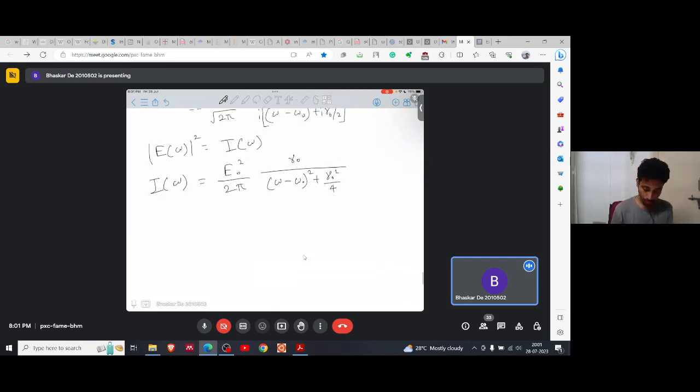Now if we plot this one, we will have this kind of line shape, where gamma naught is this one.